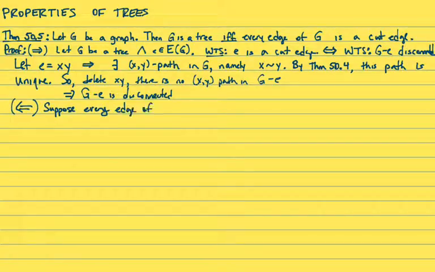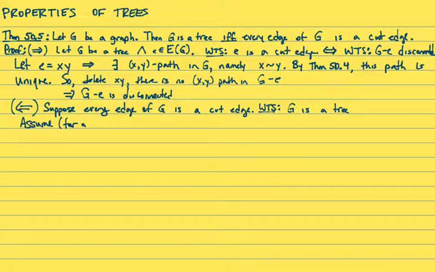Done. So let's go back the other direction, and we're going to suppose that every edge of a graph G is a cut edge, and we want to prove that G has to be a tree. We want to show that G is a tree. In particular, we want to show that it's acyclic.